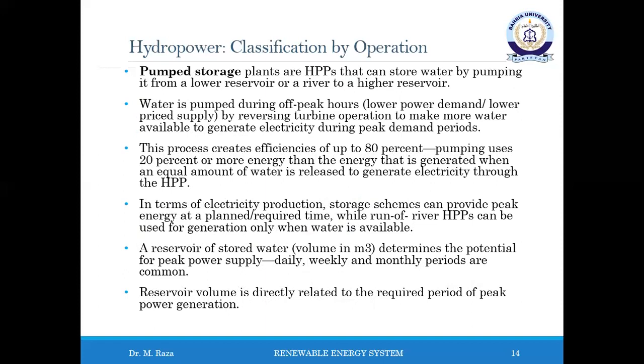In terms of electricity production, storage schemes can provide peak energy at a planned and required time, while run-of-river hydro plants can be used for generation only when water is available. A reservoir of stored water determines the potential for peak power supply on daily, weekly, and monthly periods. Reservoir volume is directly related to the required period of peak power generation.